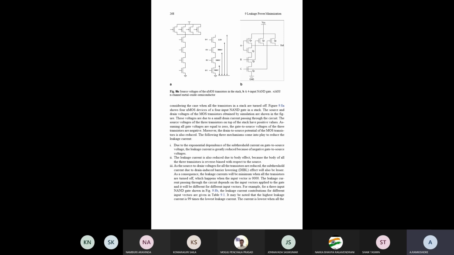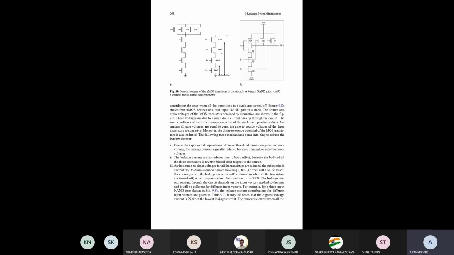The following three mechanisms come into play to reduce the leakage current. First, we have to maintain the subthreshold current on gate to source voltage. The leakage current is greatly reduced because of negative gate to source voltages. The second is that the leakage current is also reduced due to the body effect. We already discussed the body effect voltages in variable threshold CMOS.